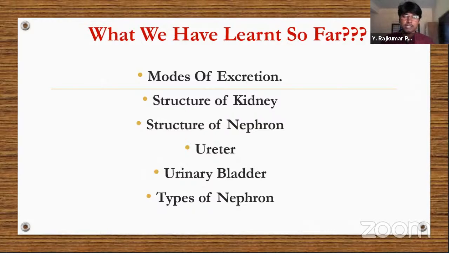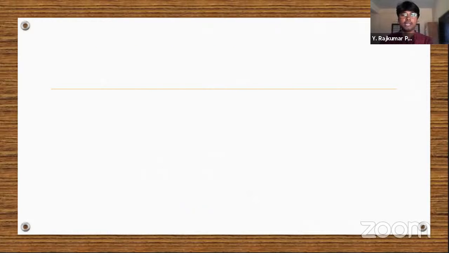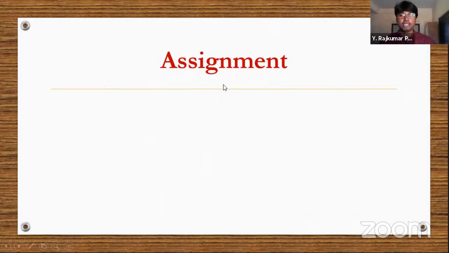Juxtamedullary nephrons have a long Henle's loop which extends to the medullary region of the kidney. The cortical nephrons are short in structure, and their Henle's loop and complete structure exist in the cortex region. Let us learn further in the next class.